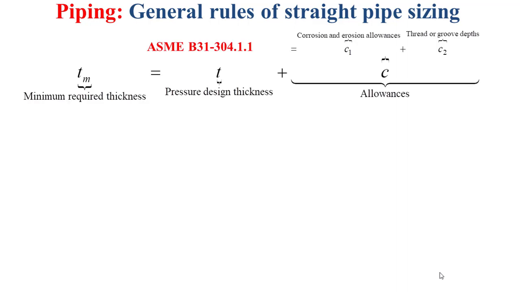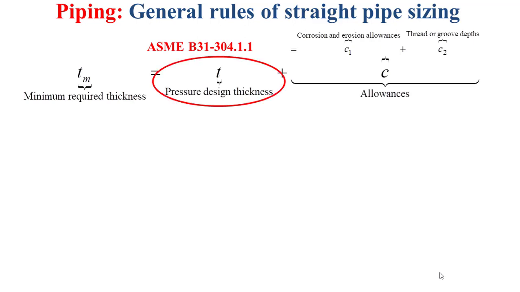Based on this formula, the minimum required thickness tm should be equal to a certain pressure design thickness plus certain allowances, which are the corrosion and erosion allowances and the thread or groove depths. This formula is extracted from ASME B31.3, 304.1.1.